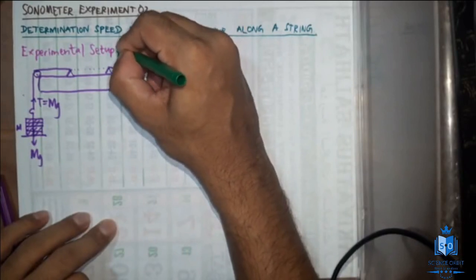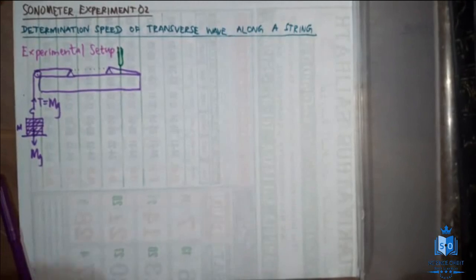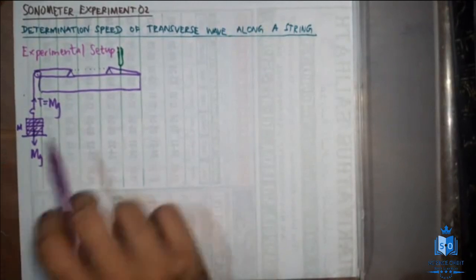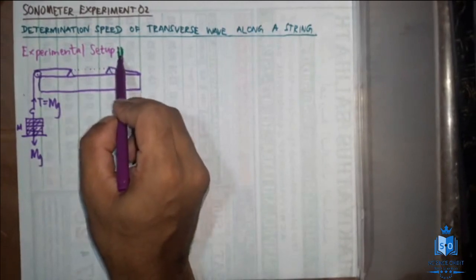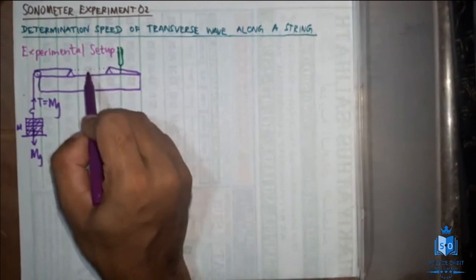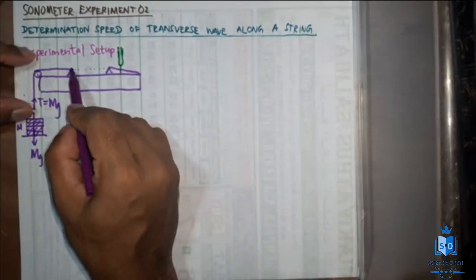Now, we have already discussed what is resonating length, how to keep the tuning fork, why do we keep it like that, where do we keep the paper rider, all those things we have discussed in the earlier one. So, here also the same thing is going to happen: when this frequency and the frequency of the standing wave created on the string become equal, we know there is going to be resonance.